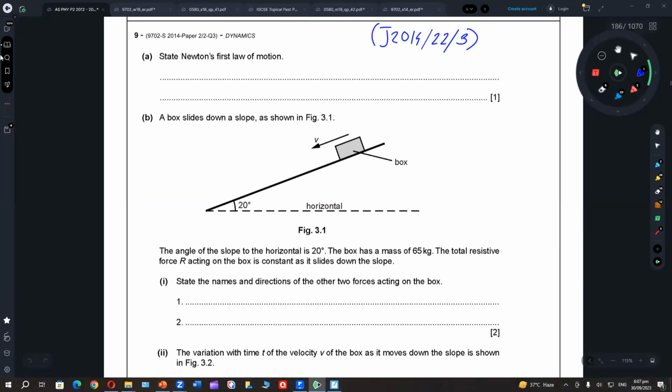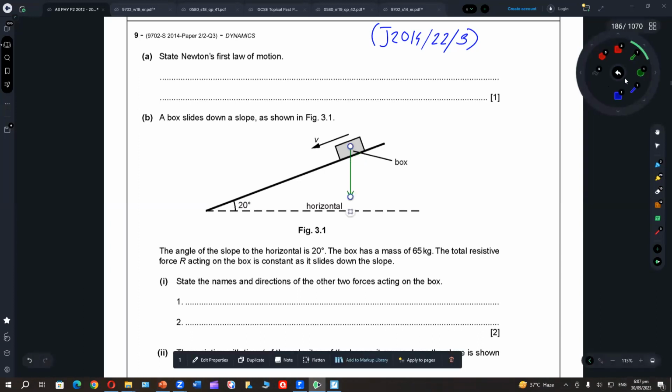The weight of the box, and friction? The weight of the box is like this. And he says that the box has a mass.